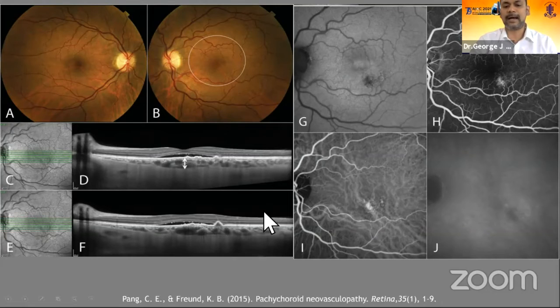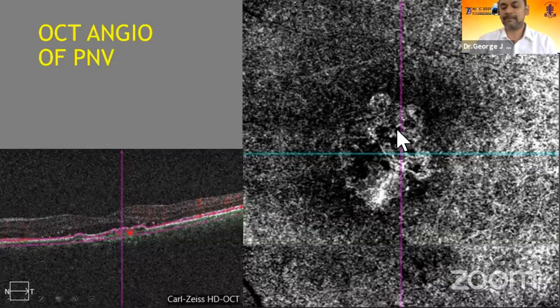This is not unlike AMD, but we have a thick pachychoroid and a type 1 neovascularization. OCT angio again is a sensitive tool to pick up these pachy neovasculopathy CNVs overlying pachychoroid. Treatment is usually aflibercept or other anti-VEGF injection.